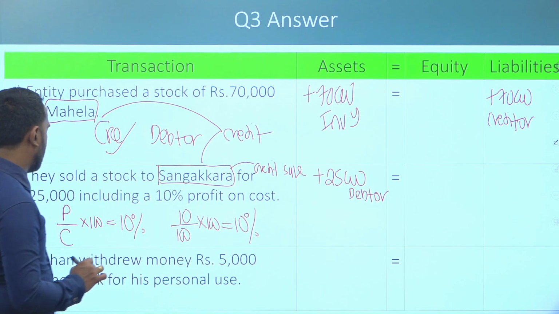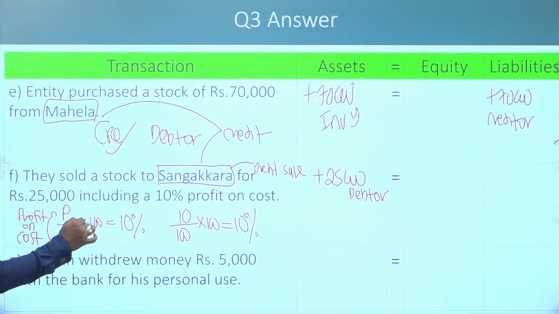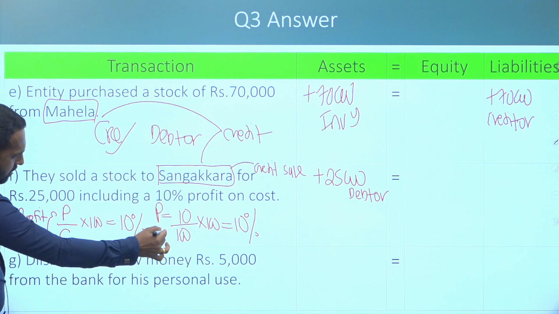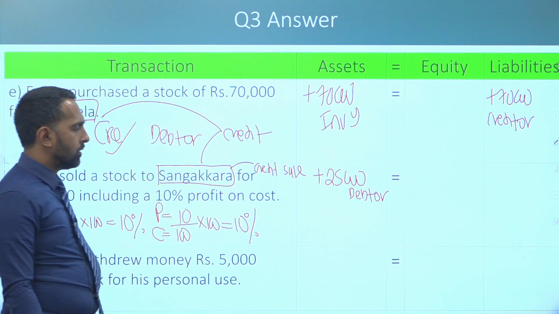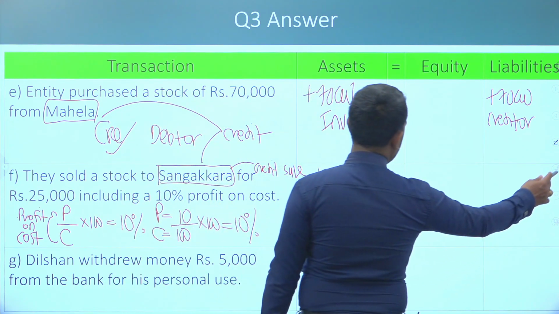Profit on cost means profit on the cost price. So that means my profit is 10, my cost is 100, so the selling price is 110. Okay. Profit is 10, cost is 100. Let me show it here.